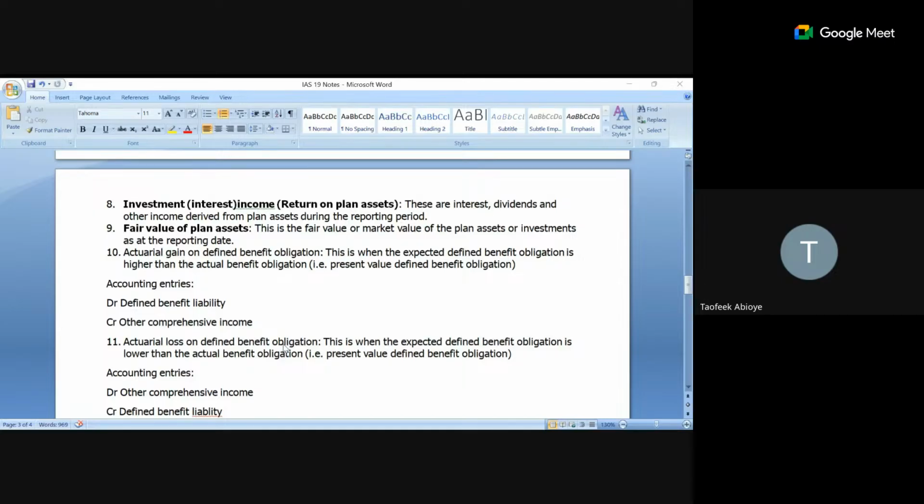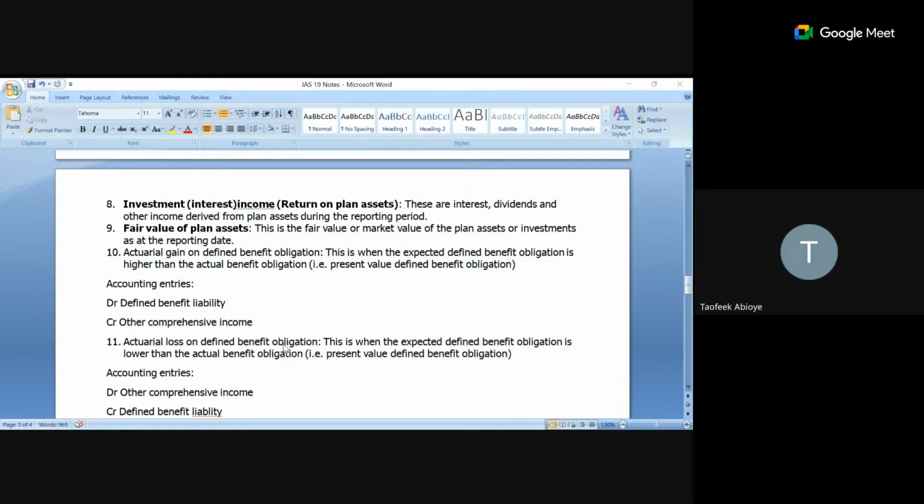So the difference between that contribution, that plan asset, and the fair value of the asset is what we call actuarial gain or loss. When you have an obligation or a defined asset, there will be an actuarial gain or loss.